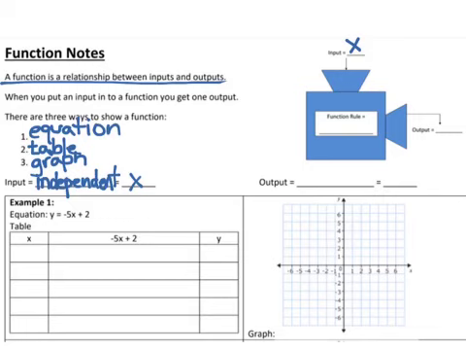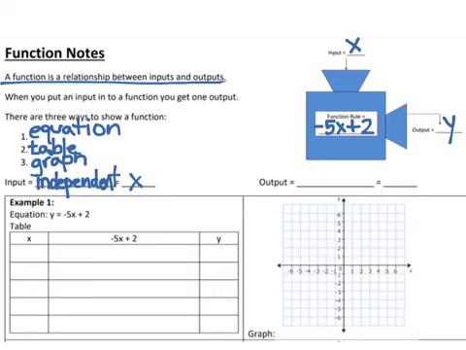And then let's take this one for example, y equals -5x plus 2. Once we put this x into our machine here, that's supposed to be like a machine, the machine we're putting it through is -5x plus 2. So we're taking this x, putting it into the function rule, and from that we get out a y value.